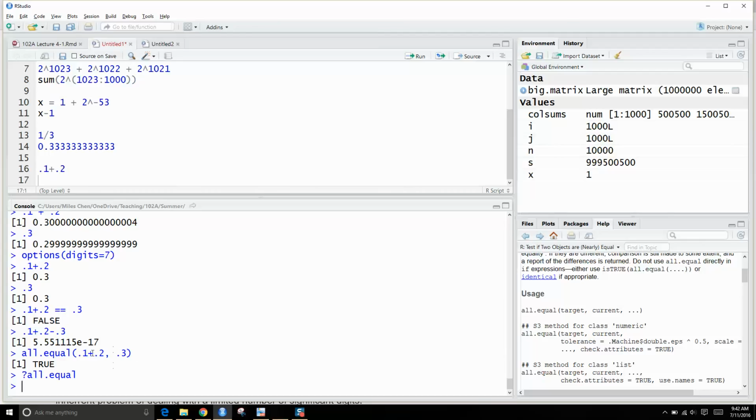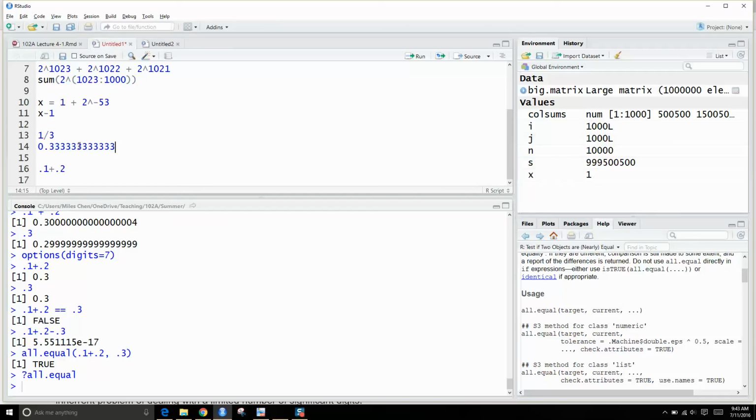All.equal will help cover up some of the internal issues, and one way to think of it is as rounding issues. It's really just a storage issue. It's the fact that you're trying to store decimal numbers in binary, and you don't have an infinite number of placeholders, just like storing 1/3 in decimal is not going to give you precise answers.